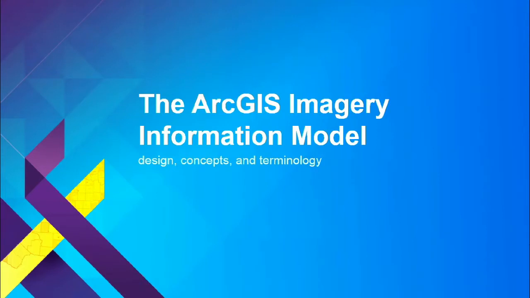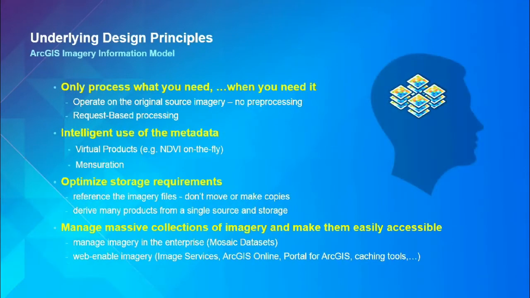And the reason behind that is because when you read our documentation and when you look at blogs and when you try to figure out how to use our system, it's really hard to understand if you don't understand the concepts and the terminology and the way that we actually think about the platform. So the best way to do that is to go through the important aspects of the information model. Okay? So let's just dive in.